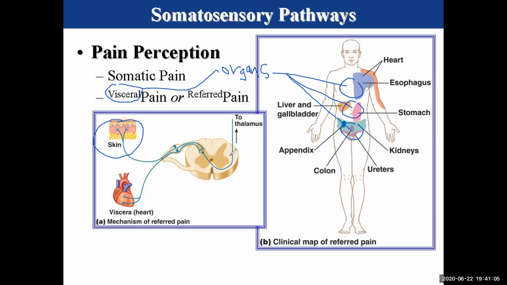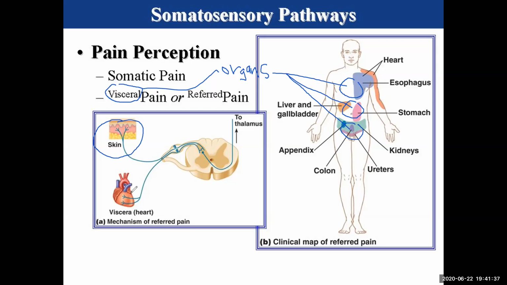But as far as the brain is concerned, it perceives information coming from your left upper limb, specifically your forearm and your pinky finger. So when the heart is compromised, you have a numbness on your left upper limb because the two first order neurons share the same second order neuron. And that second order neuron actually belongs to the skin and not to the heart.